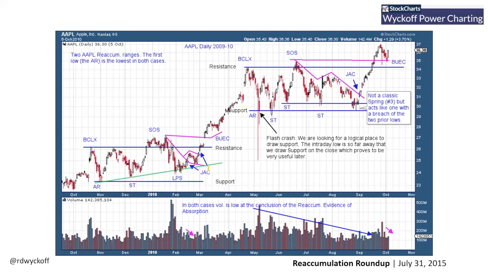And so reaccumulations of these dramatic uptrending stocks are really important to Wyckoffians because it gives us an opportunity to assess the quality of the advance, and it also gives us an opportunity to build or extend, enhance, add to our positions as the stock or the index is going up.